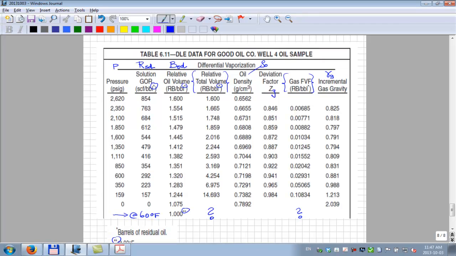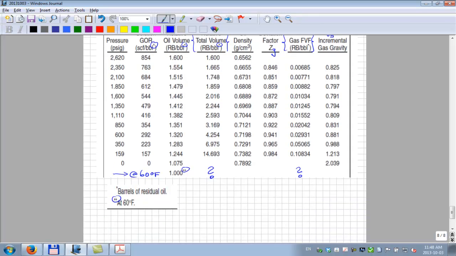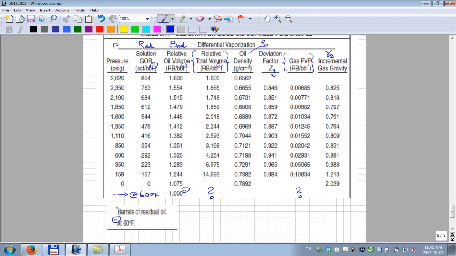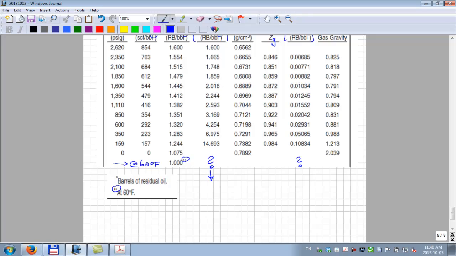It's called relative total volume. What this term here represents, and we usually give it the symbol T, is defined as the total volume over this residual volume. So that would be the oil volume plus the total gas volume of all gases released.